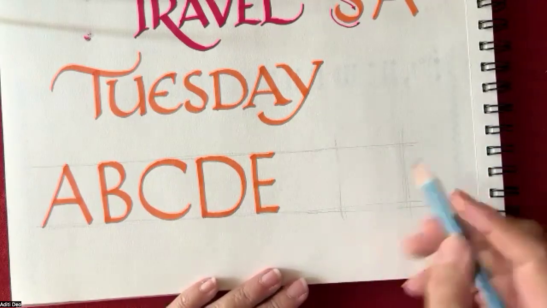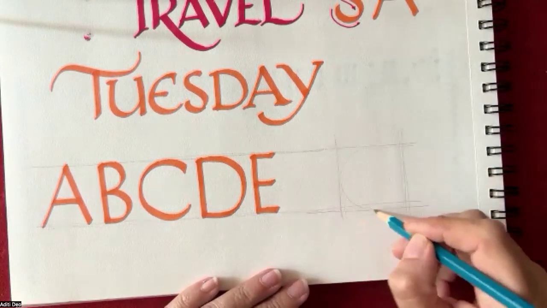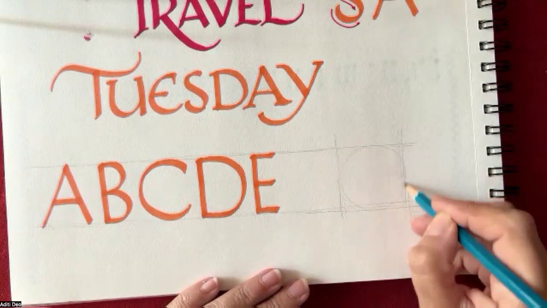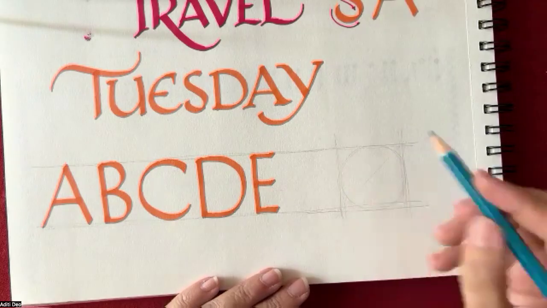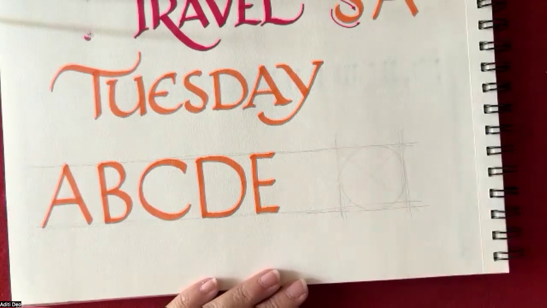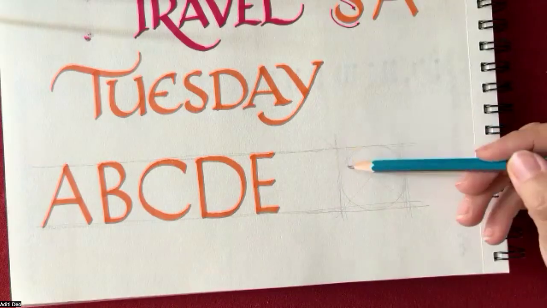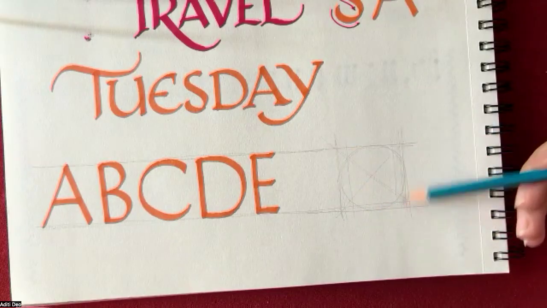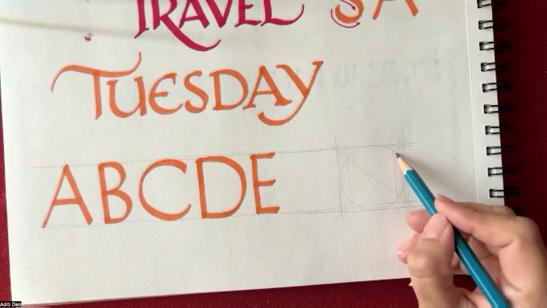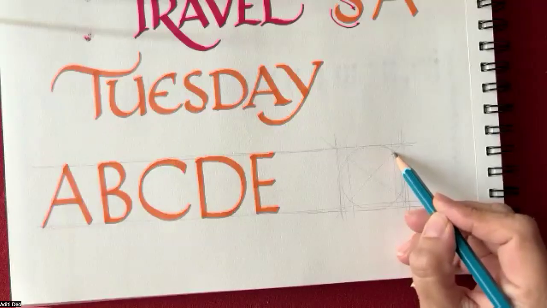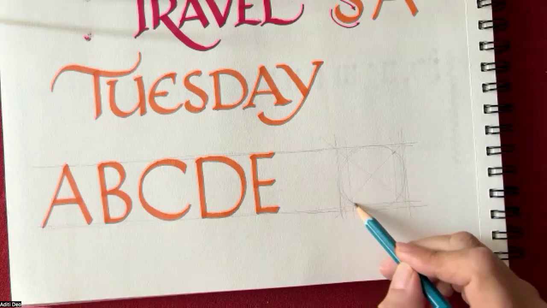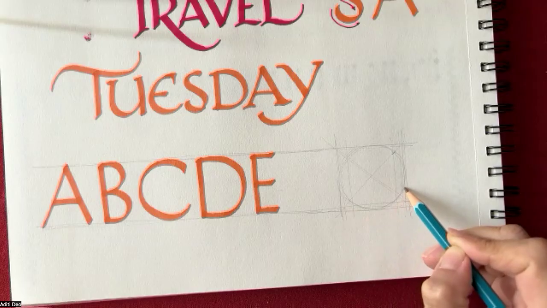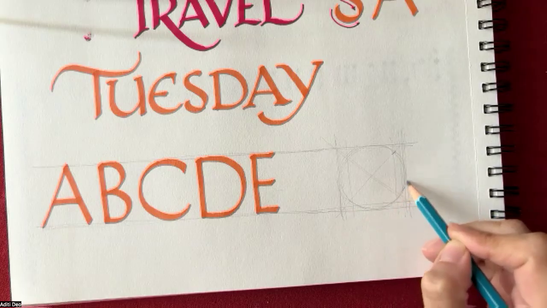So this is the square in which you have a circle, right? And then you make a cross, and then you have this line on the right and the left, correct? So our C fits from this point all the way down till here. So it extends further at the bottom.